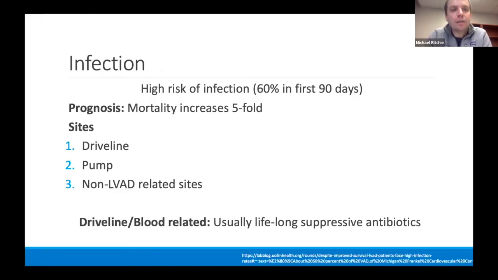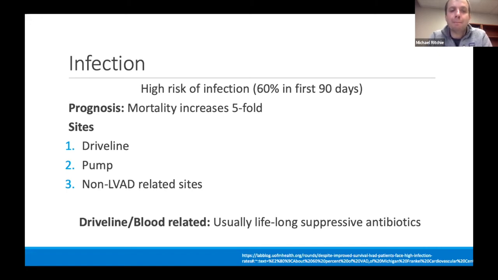And then infection. There was one recent article that came out of Michigan that said that they averaged a 60% infection rate in the first 90 days. So they just have a huge risk of infection in these patients. And if they do get an infection, their mortality increases like 5-fold over the next 1 or 2 years. There are all the same non-LV sites like everybody else, but they can also get driveline infections as it's coming out of the abdomen, and that's going to be your typical skin flora.